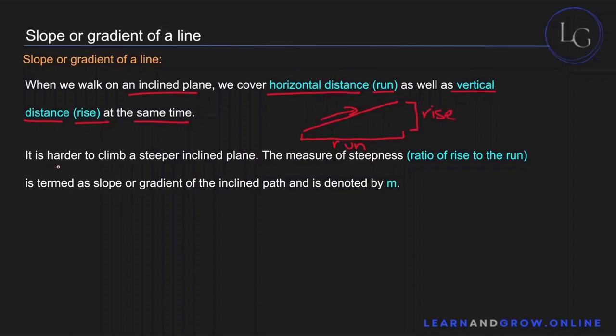And it's obviously harder to climb a steeper inclined plane, and the measure of the steepness is termed as the gradient or the slope of the inclined path, and we denote it by m.